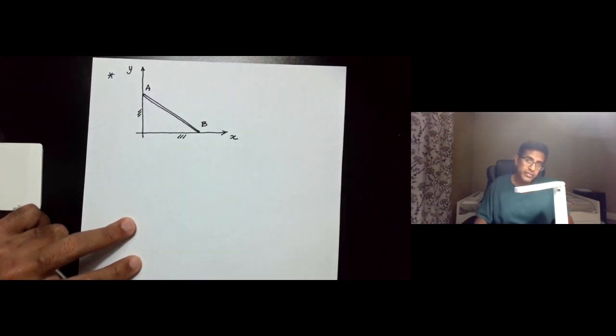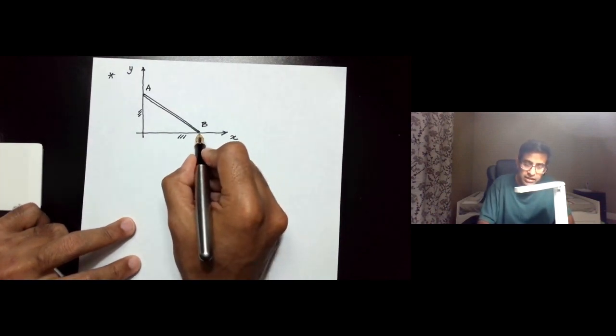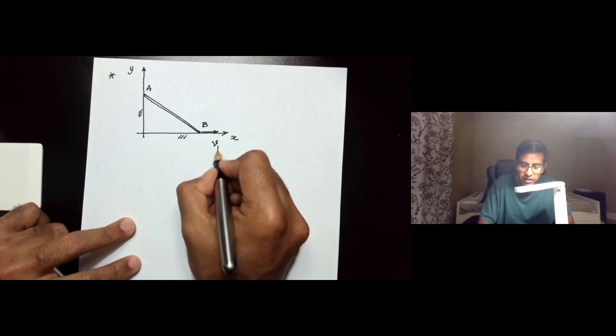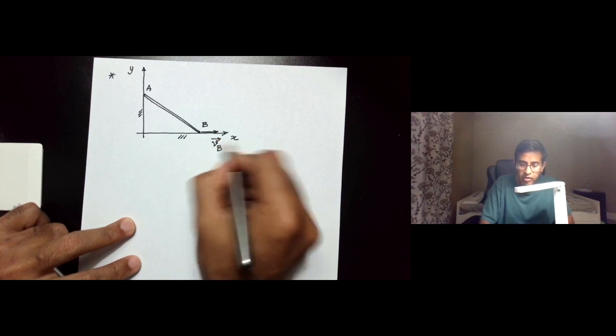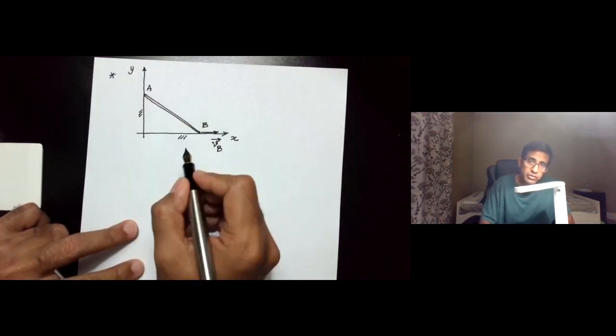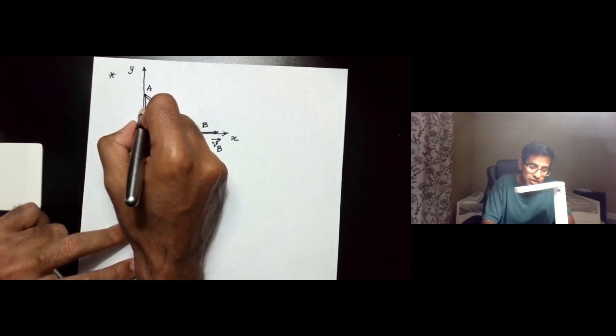Now, as the rod slides down, you can see that this contact point B, which is touching the ground, is going to have a velocity parallel to the ground. So VB is going to be along the x-axis. And the point A, which is touching the wall, its velocity is going to be directed downwards.